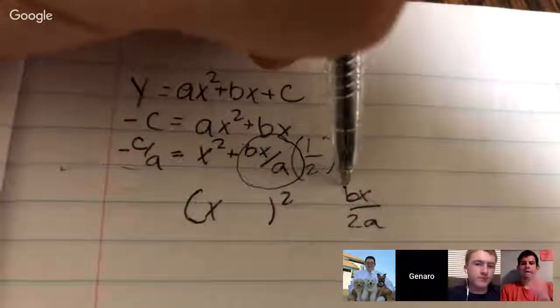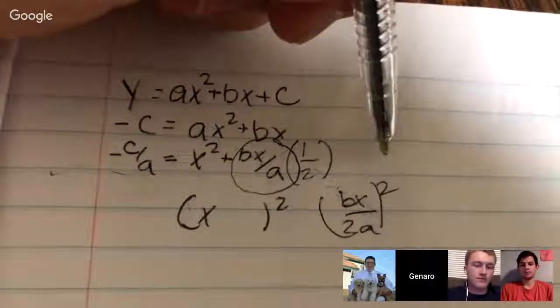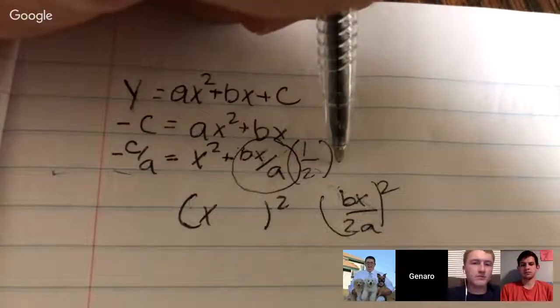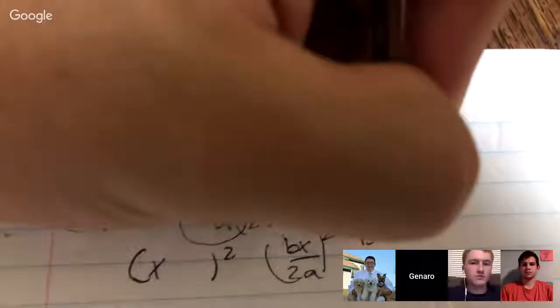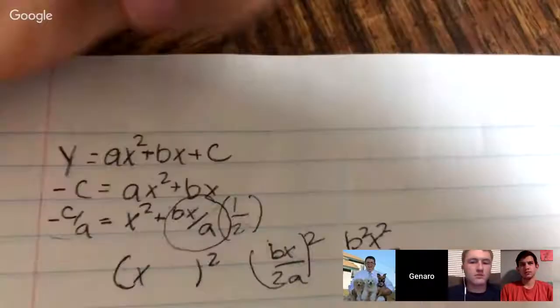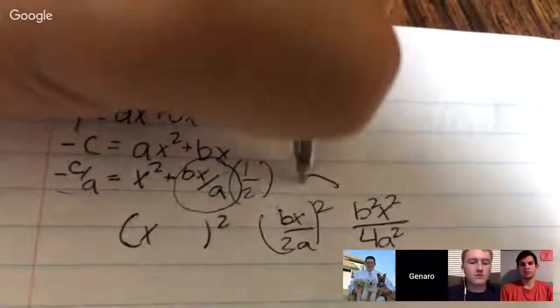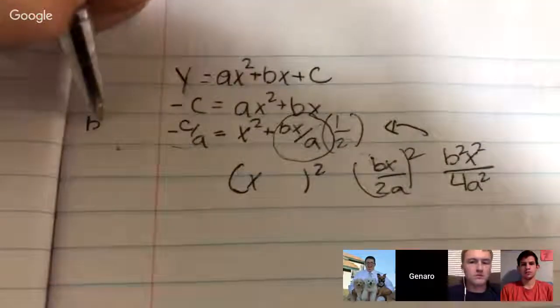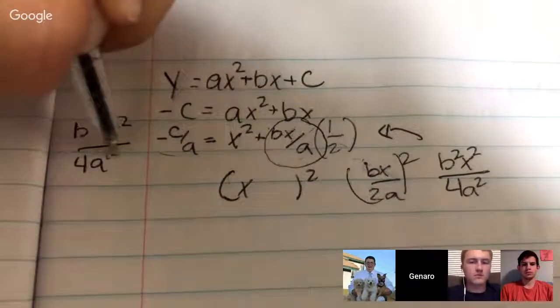Then we would have to square this and then add it to both sides. So it'd be b squared x squared over 4a squared, and that's added to this side. But then you have to add it to this side too. So it'd be b squared x squared over 4a squared.